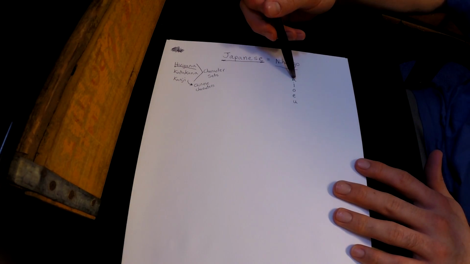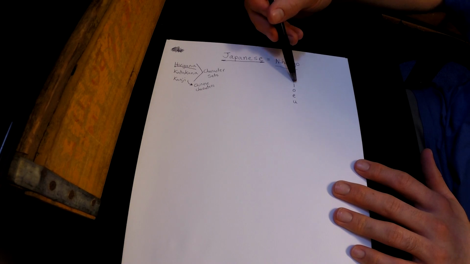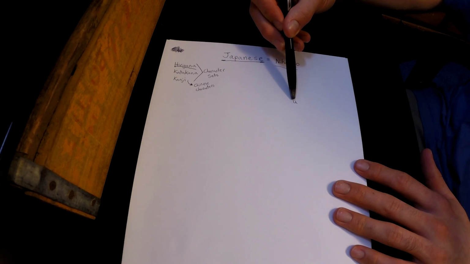There are five different vowels used in the Japanese language. A is said like ah, like if you just took a really nice swig of tea, depending on where you live, I guess. I is pronounced E, like in eat. U is pronounced like oo, which is the same as in the Spanish language.